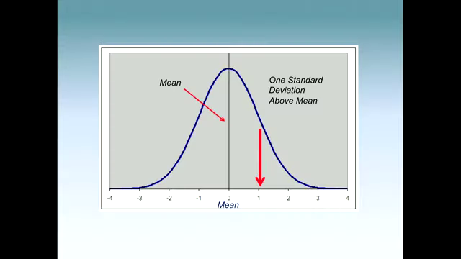But before we deviate too far, let's talk a little bit about the concept of standard deviation. What is a standard deviation? It's a measurement of how far something is away from that average.